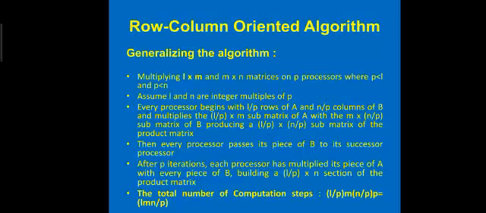Then every processor passes its piece of B to its successor processor. After P iterations, each processor has multiplied its piece of A with every piece of B. So that is an L/P × N section of the product matrix. The total number of computational steps is LMN/P.